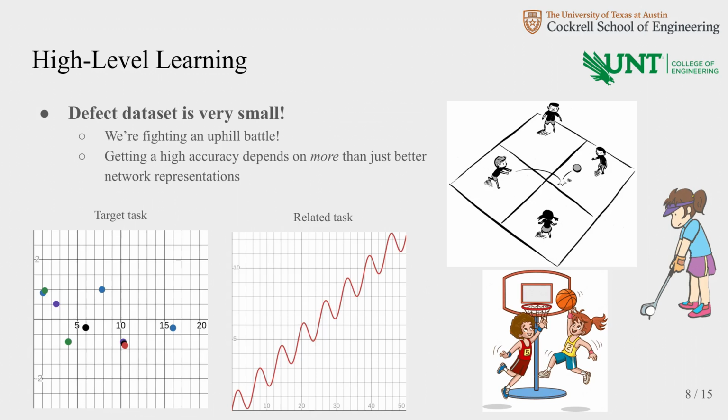But if you looked at the graph on the right, that sine wave that's going upwards, and you were to know that this graph is similar to the graph on the left, so that's all the information you're given, you're just saying the graph on the right is similar to the graph on the left, then you can maybe assume that the graph on the left is meant to also be a sine wave.